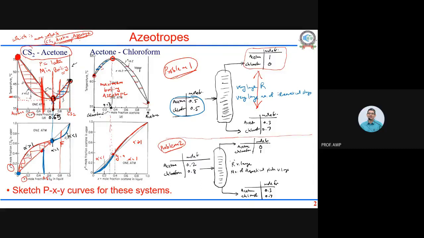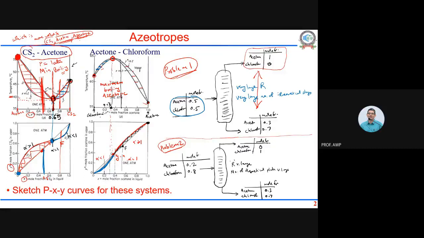0.5, that means I'm here for problem number 1, or in terms of the XY diagram, I'm here. This is my feed. If I draw a triangle, at the topmost point, the distillate, I will go to pure acetone and 0 chloroform.